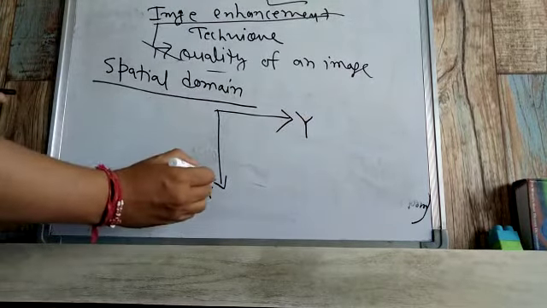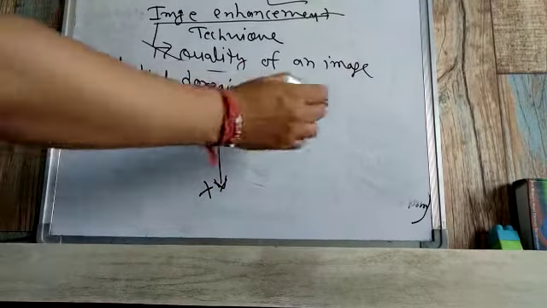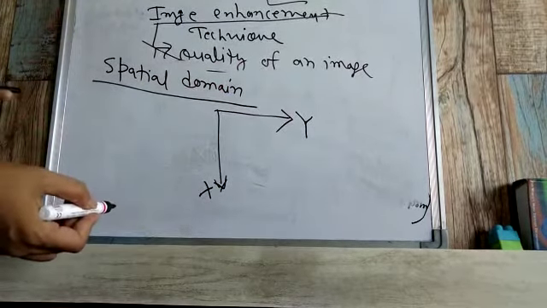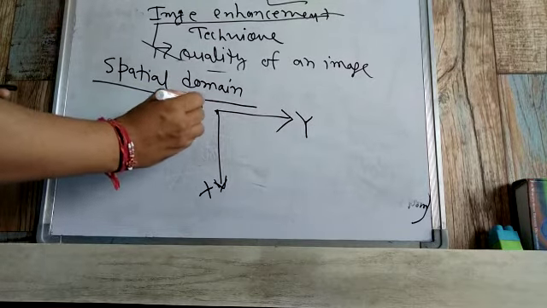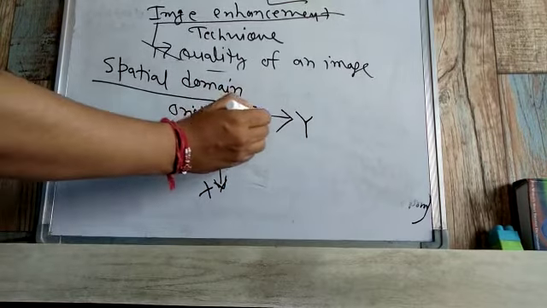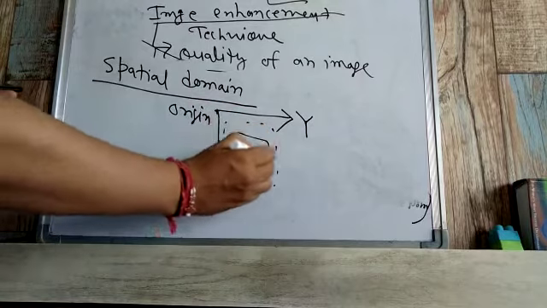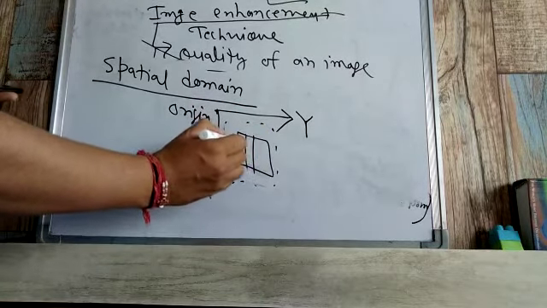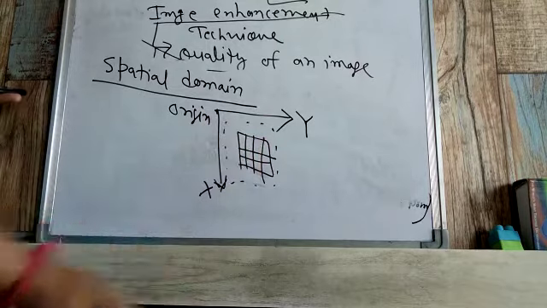X is in the vertically down direction and y is on the horizontal axis, and this point is known as the origin point. In all these places there are several coordinates, let's say. Fine. So let's take an example of 3x3 image pixel points or any other points which are present here.